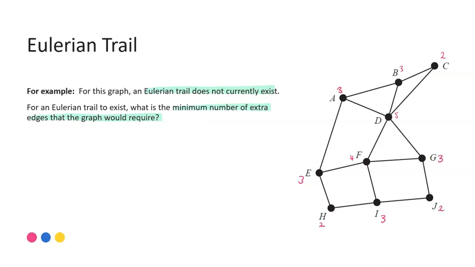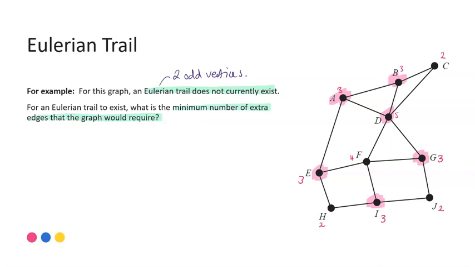So at the moment we have 1, 2, 3, 4, 5, 6 vertices that have an odd degree. In order to have an Eulerian trail, we can only have 2 odd vertices. At the moment, we've got way too many.